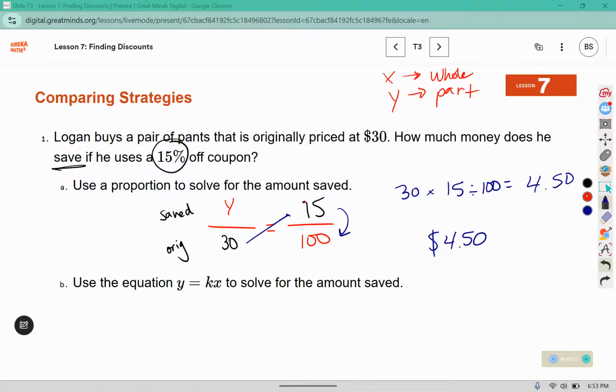B says to use an equation to solve for the amount saved. So if we wanted 15% to go into our equation, that is the part that replaces K, and we write it as a decimal. The whole was 30.